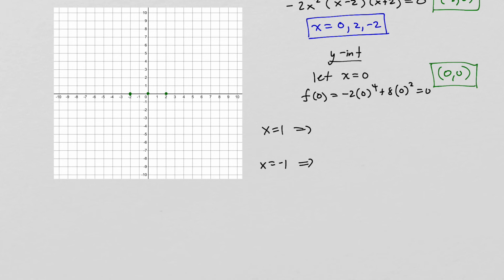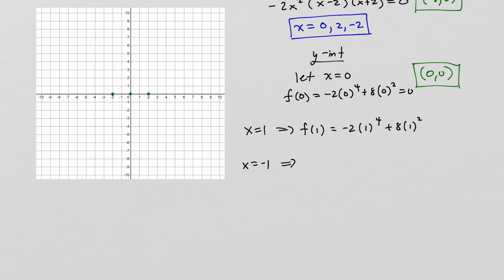And when we plug those in, we get f of 1 is equal to negative 2 times 1 to the fourth power plus 8 times 1 to the second power. And if we do the math on that, that is negative 2 plus 8, which is positive 6. And if we do f of negative 1, we get negative 2 times negative 1 to the fourth power plus 8 times negative 1 to the second power.